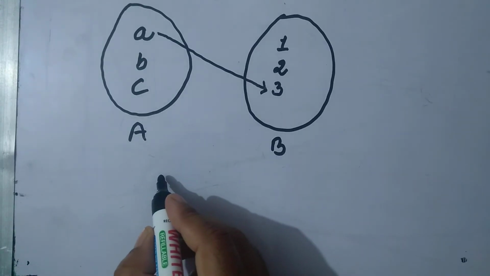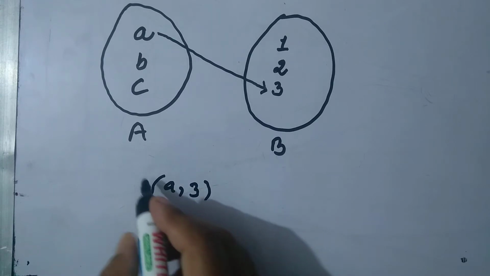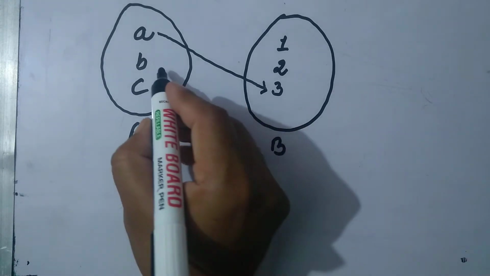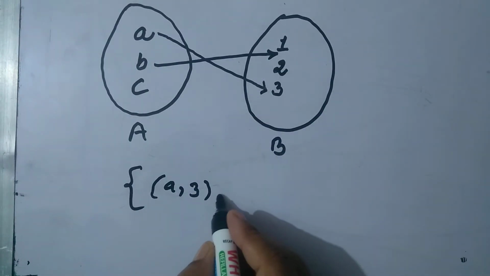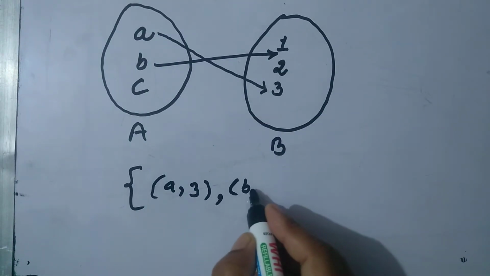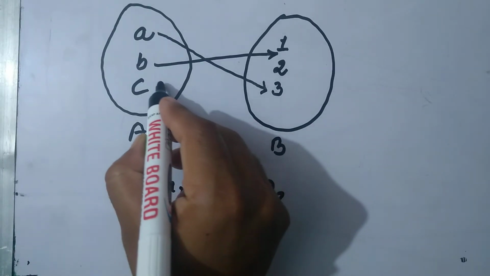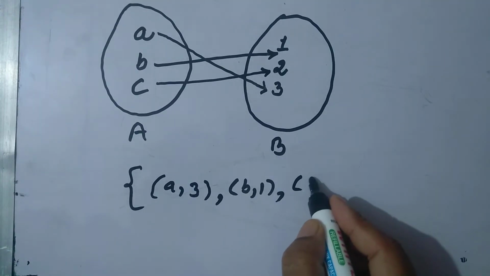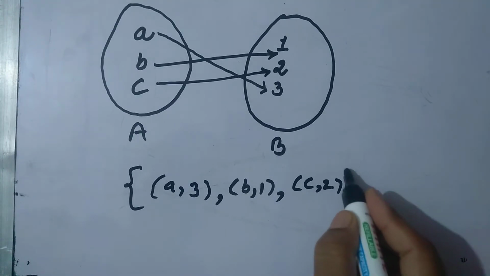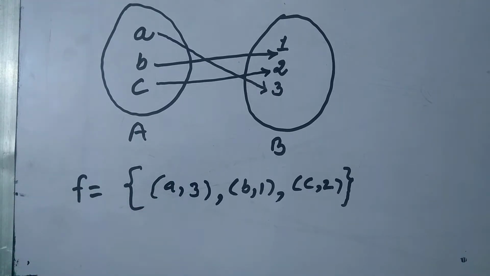We write it as A has the image 3, unique image. Similarly, B has the image 1, so we write the pair B, 1. The third one is C paired with 2, so C comma 2. So these are the ordered pairs. So this is now an example of a function.